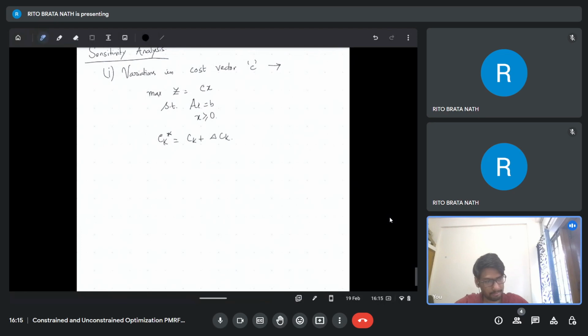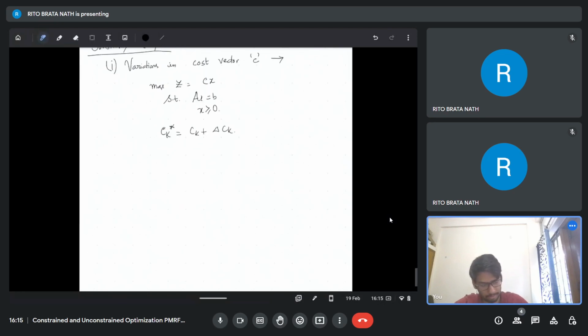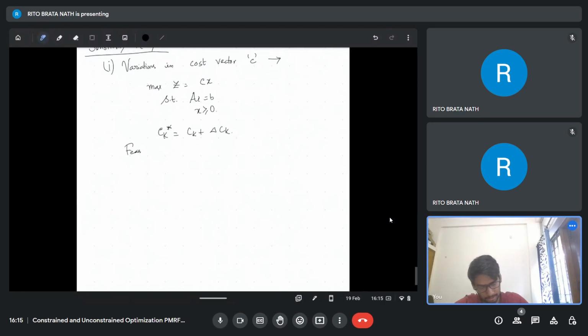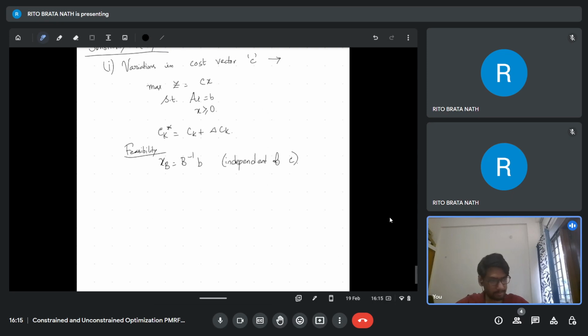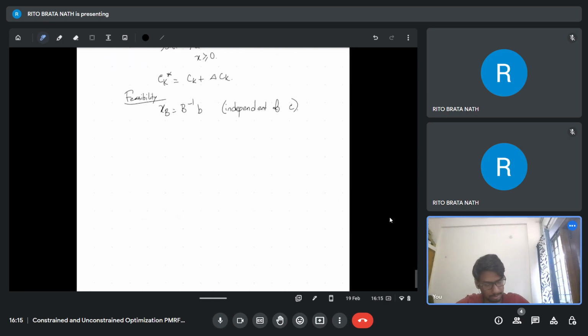Now suppose for the kth component, ck star is nothing but ck plus delta ck. In that case, first check for feasibility. So xB is nothing but B inverse b. This is independent of c. So that means your initial basic feasible solution will not change.